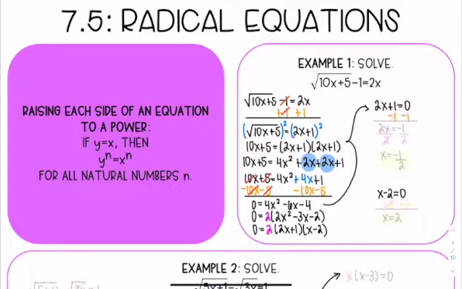We're going to subtract 1 from both sides, and we get that 2x equals negative 1, and then dividing both sides by 2, we get that x equals negative 1/2.